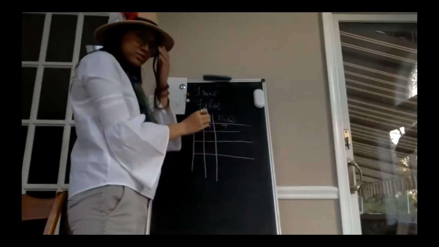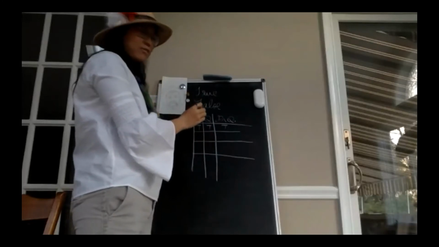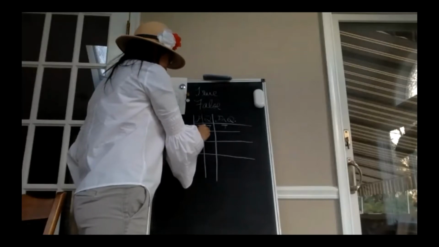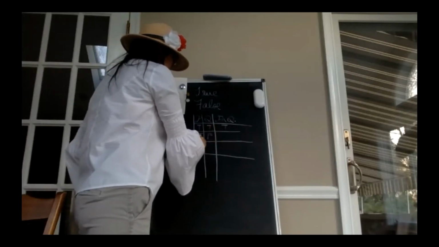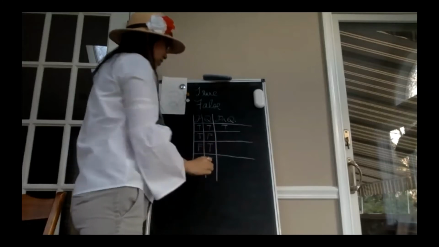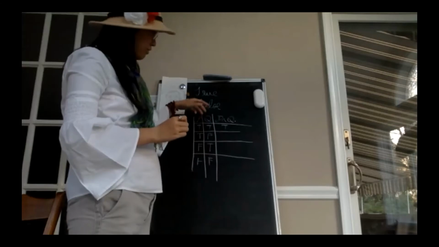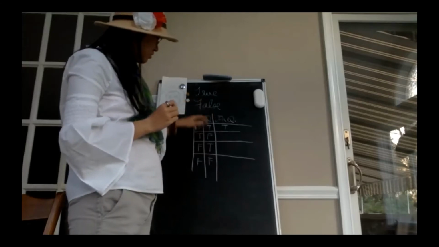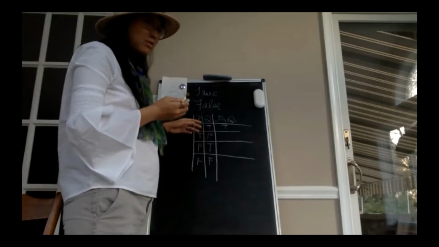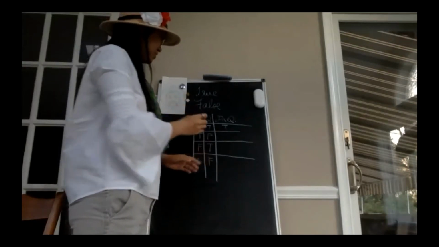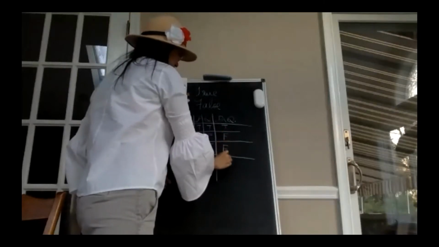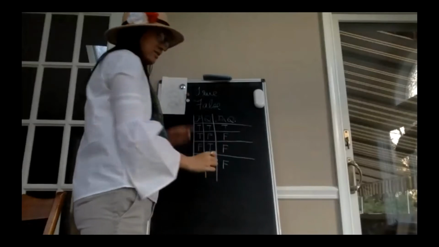Otherwise, it gives an output of false. These are the four possibilities for the inputs with P and Q. Each can be either true or false. These are all the possible combinations, but only one of them gives us true when we join the two statements with and.